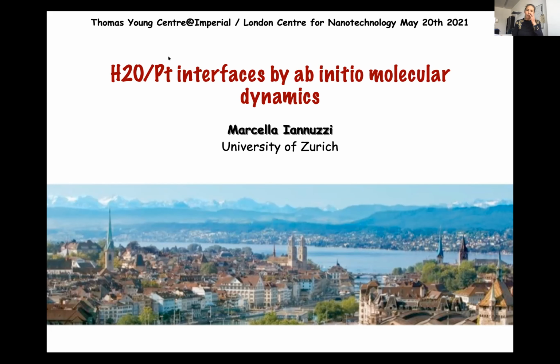And in the past few years, we moved towards liquid solid interfaces, and we have done already quite some work on the specific case of water platinum interface, and that's the reason why I would like to focus on this for today.